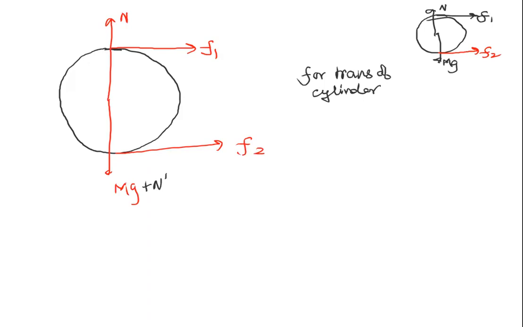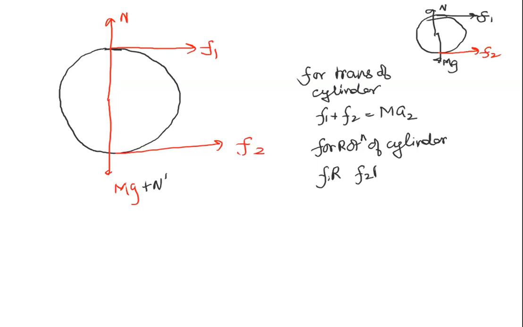So for translation of the cylinder, we get F1 plus F2 is equal to capital M. For rotation of the cylinder, we get F1R minus F2R is equal to mR squared by 2 into alpha.